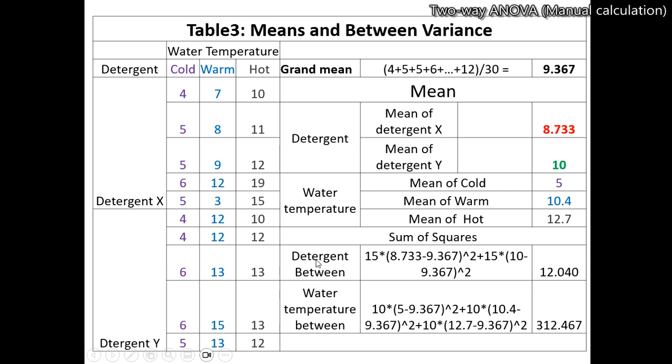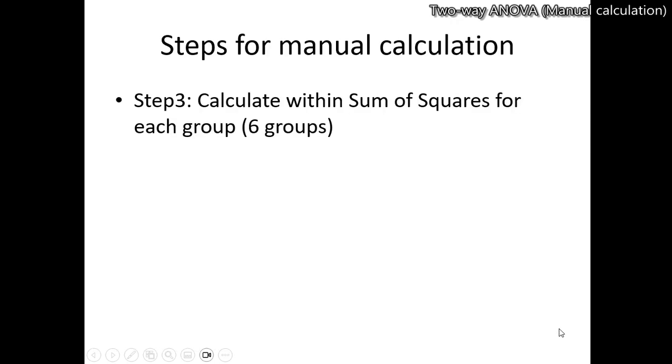So the sum of squares between detergent is 12.040, and similarly the sum of squares between groups of water temperature is 312.467.